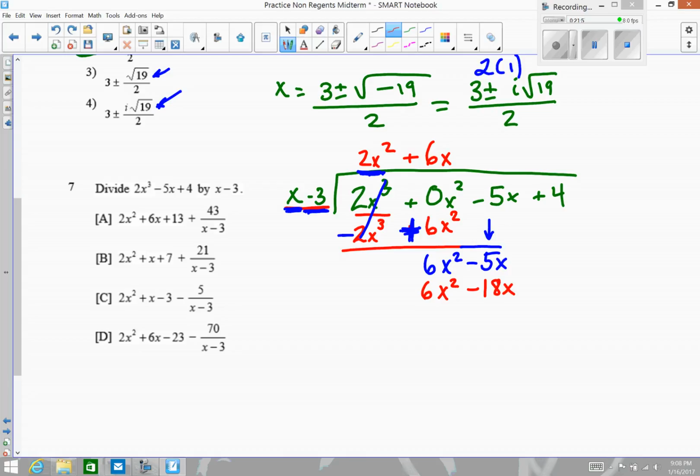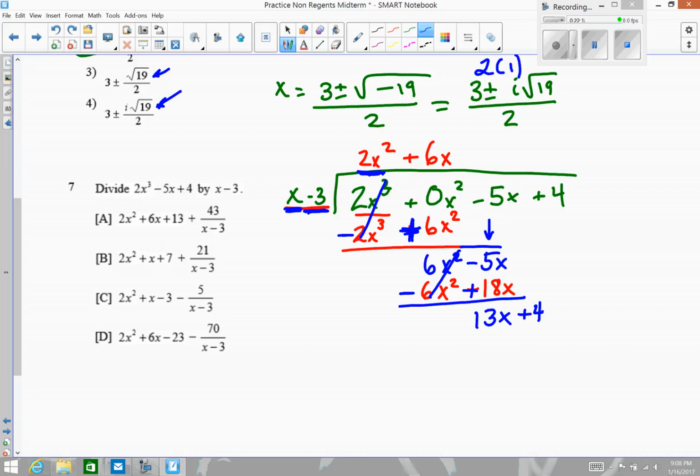I need to subtract that, so I'm going to distribute a negative sign. And then add to what's above it. 6x squareds cancel out. Here we get 13x. And I'm going to bring down the plus 4.